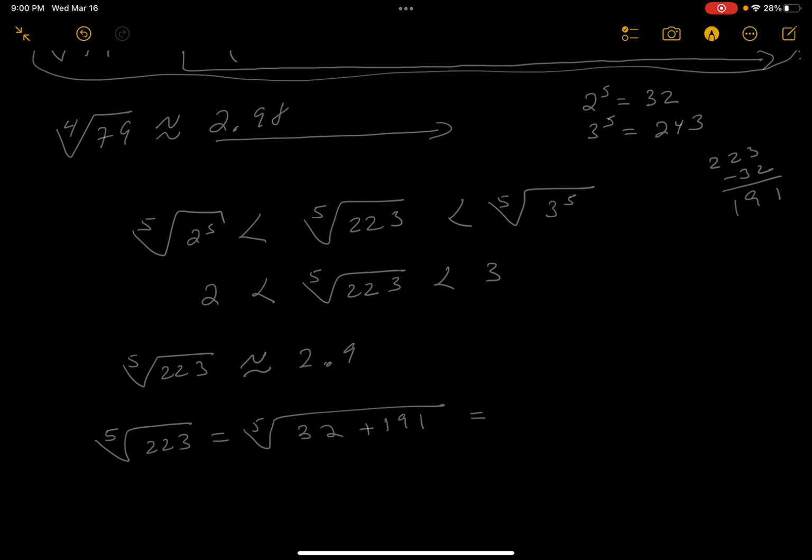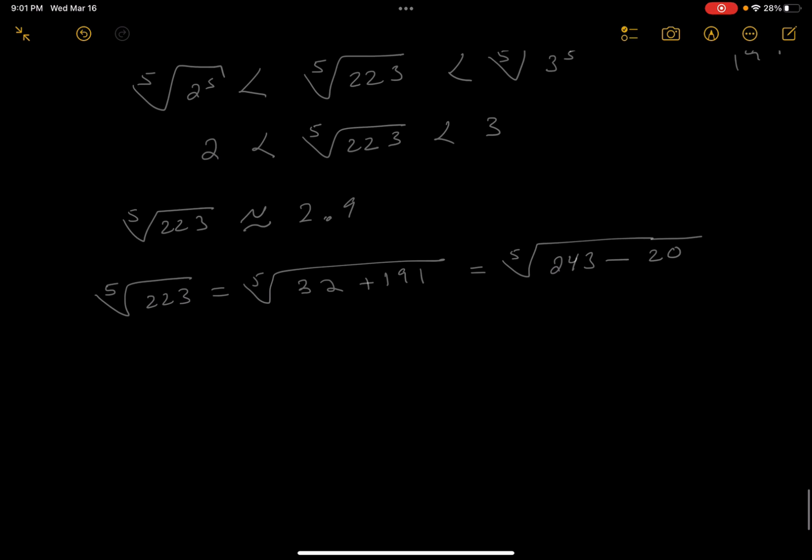And that's true, it's true. And fifth root of 3 to the fifth power is 243, right? Minus 20, right? That's not bad. Let's write this down.